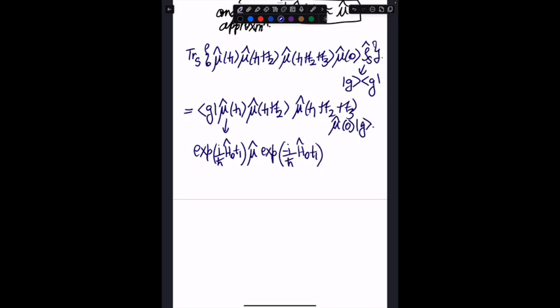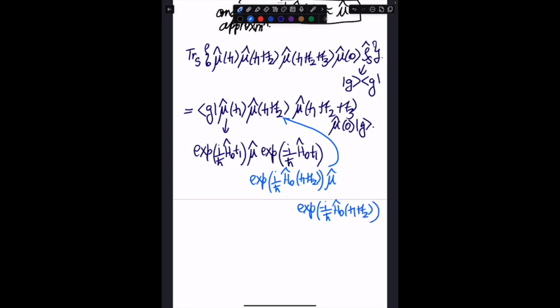Then for this term you will have exponential i upon h bar times h0 t1 plus t2, then you have mu, and then you have exponential minus i upon h bar h0 t1 plus t2.